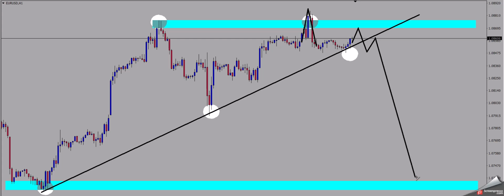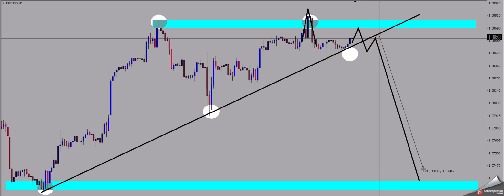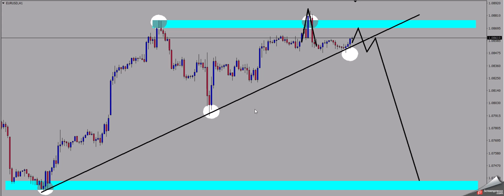And potentially we could be looking for a move all the way down back to this nice area of support, about 130 pips. So this is potentially what we could be looking at for Euro USD.